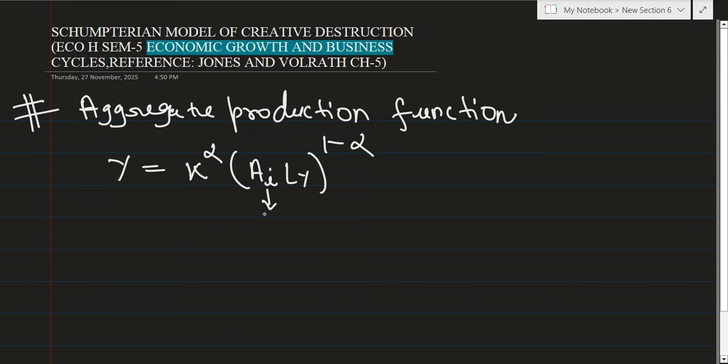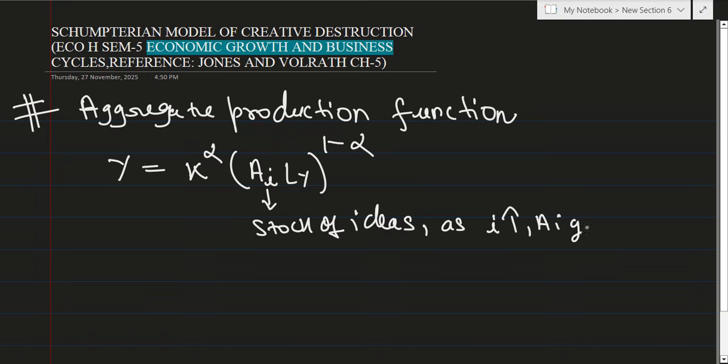Now here A_i refers to the stock of ideas. As i increases, A_i gets larger. Technology is upgraded.